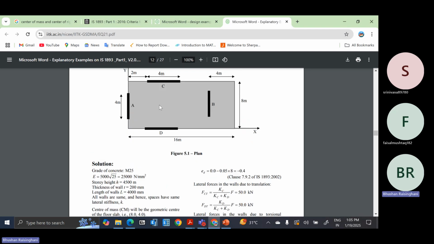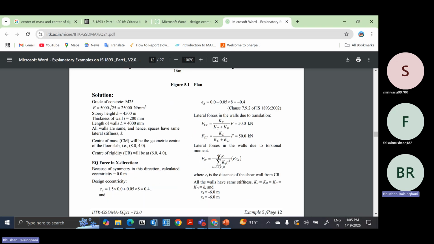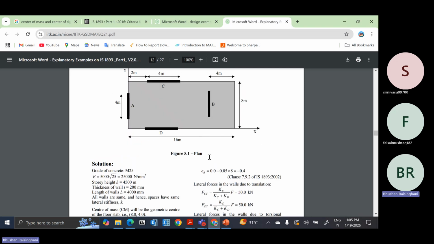What is the distance of this shear wall from the CR is represented by R. So lateral forces in the walls due to torsional moment: for wall 1, I have to estimate K into R divided by sigma K into R total. K into R total is in the denominator, K into R is the numerator.